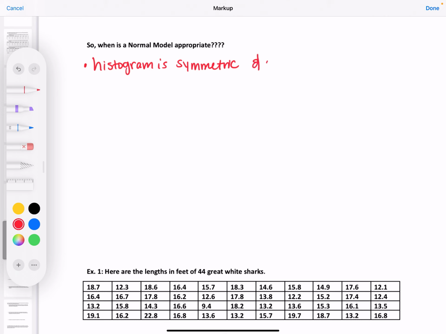Yep, symmetric and unimodal. And then I don't think we wrote this one in your notes, but the other one is that the normal probability plot is a straight line.